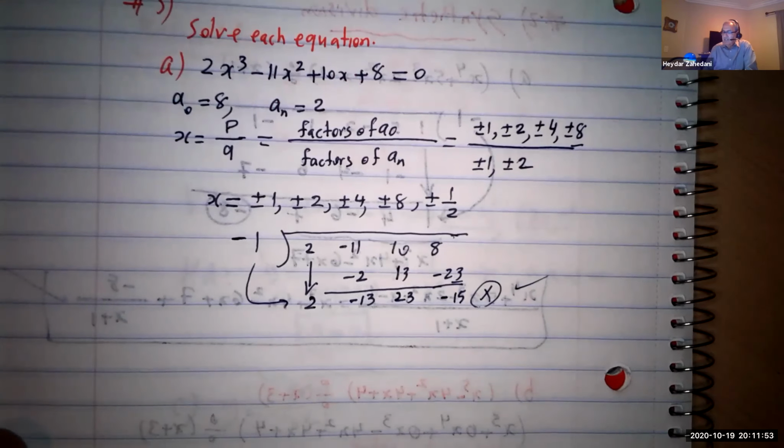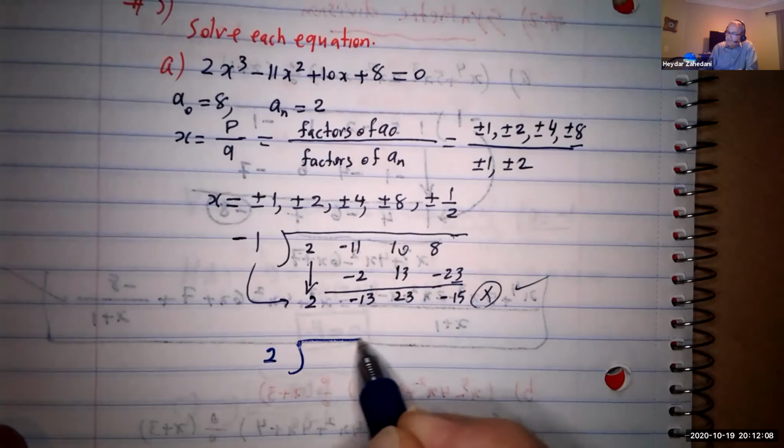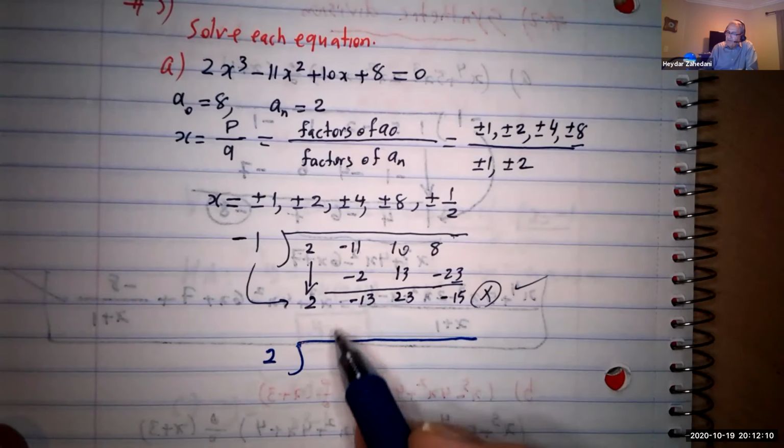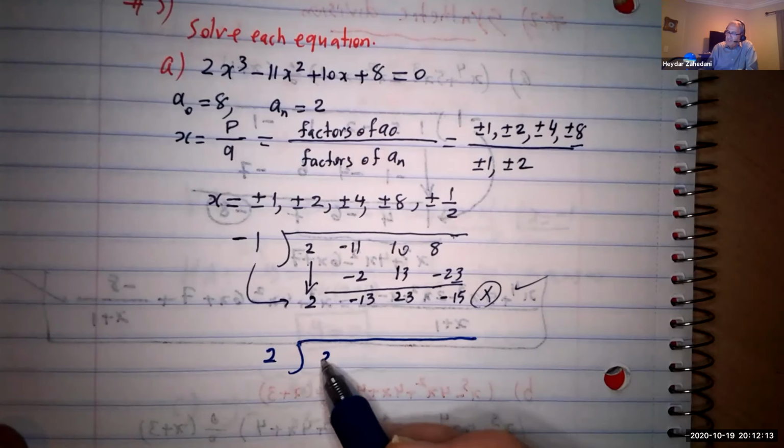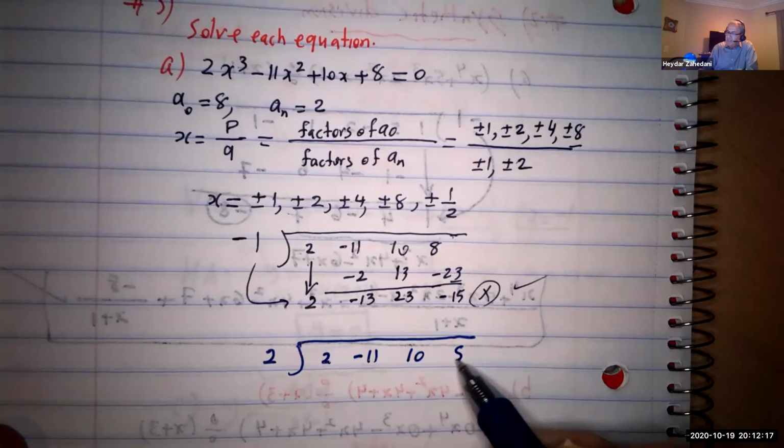It depends how quickly you can find it. You can try 2 or negative 2 to see if one of them is going to be the case. If you take 2, we have 2, negative 11, 10, and 8.